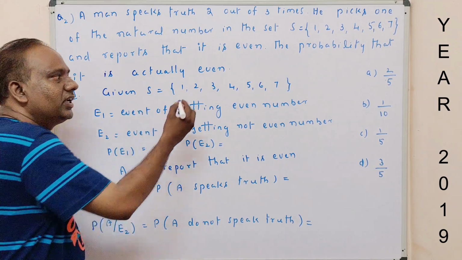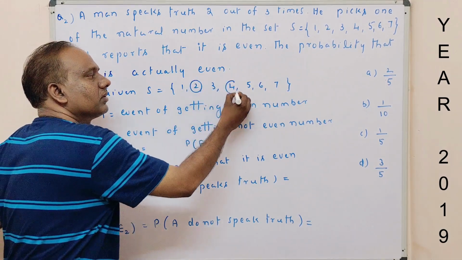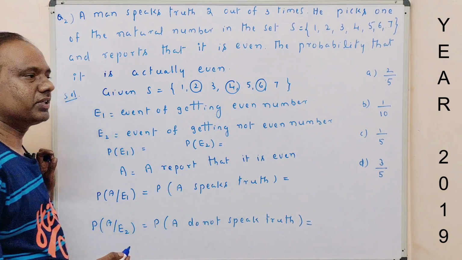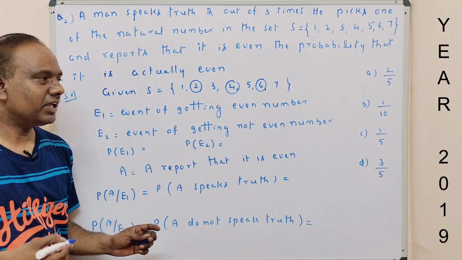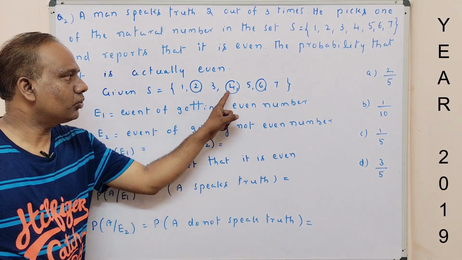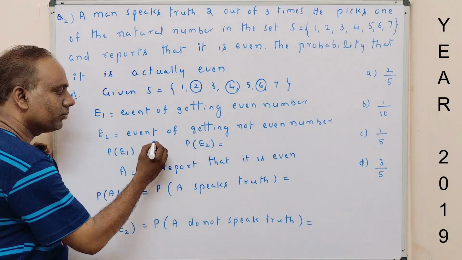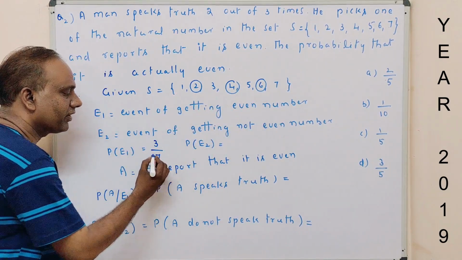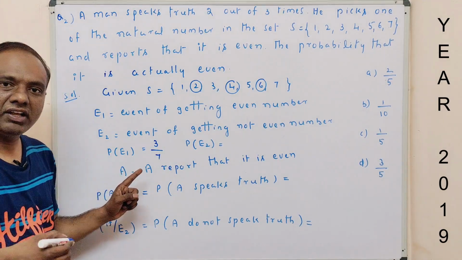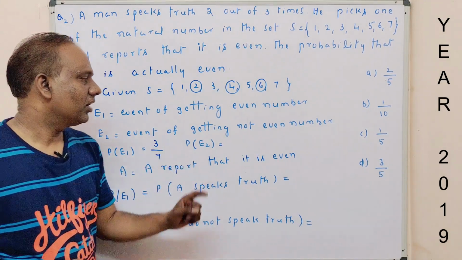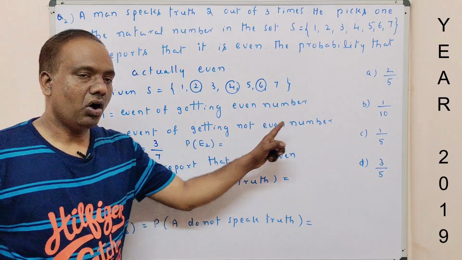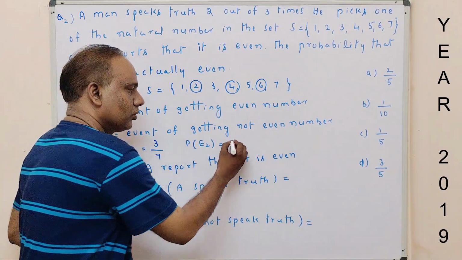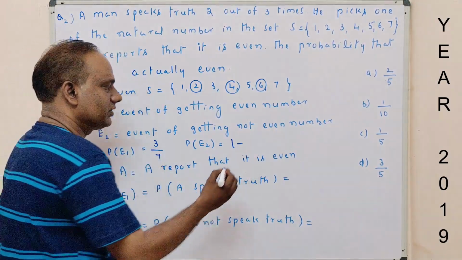So here even numbers are 2, 4, 6. So probability of getting even numbers: 1, 2, 3, so 3 even numbers, total numbers 7. So probability of getting even number is 3 by 7. And P of E2, not getting even number, is 1 minus this.